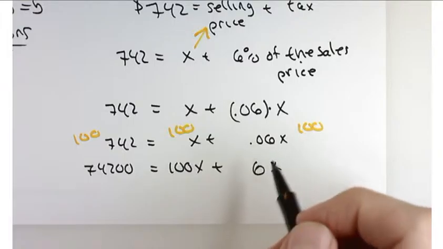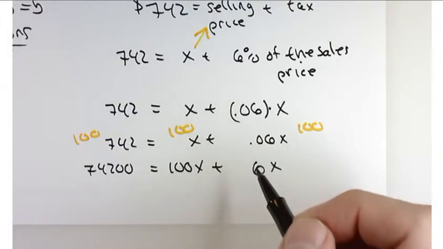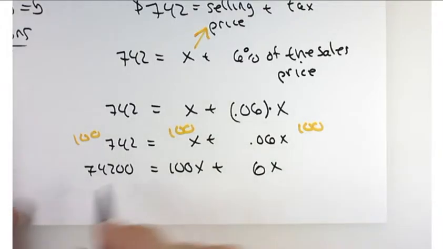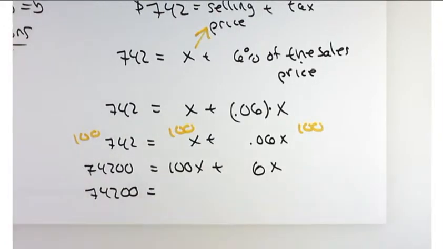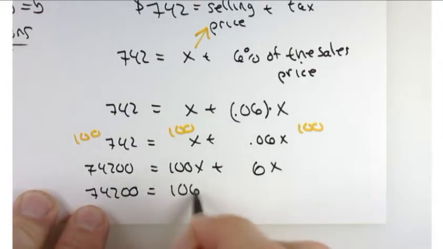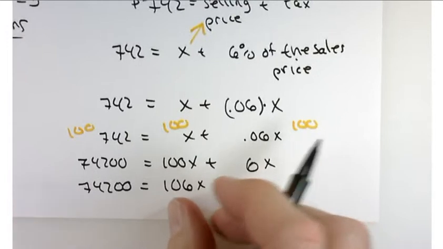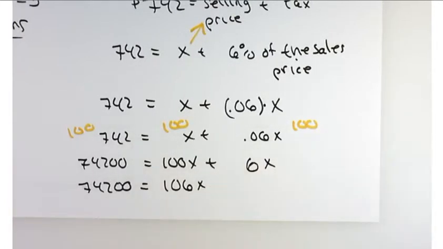Are these like terms on the right-hand side? Yes. 74,200. Mirza, what do I get when I combine the right-hand side terms? 106x. Now, on any exam I give you, I'm going to make sure that the numbers work out nice and evenly.